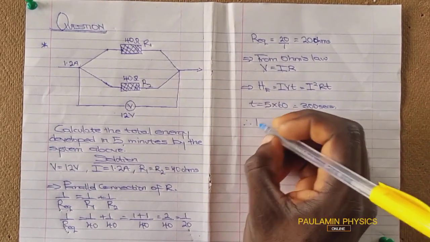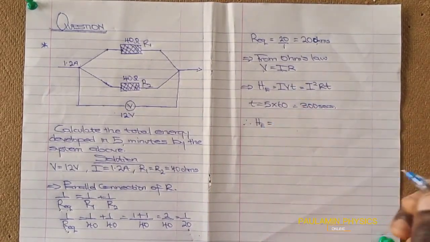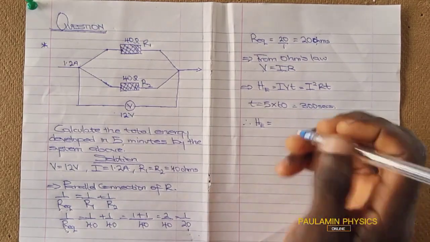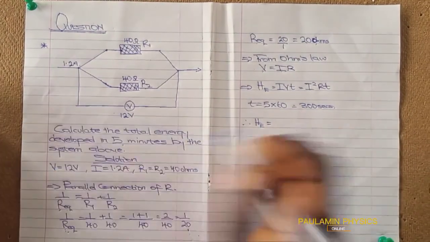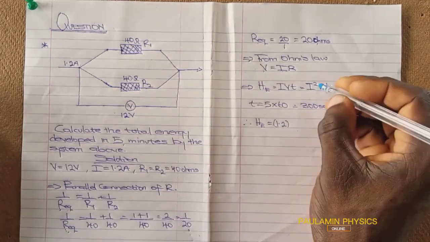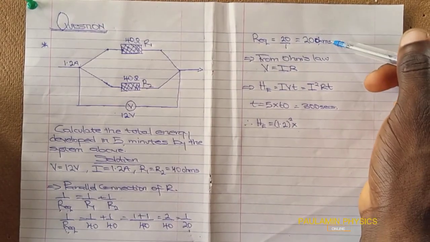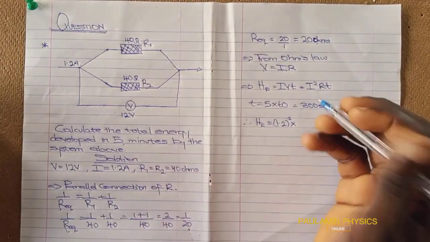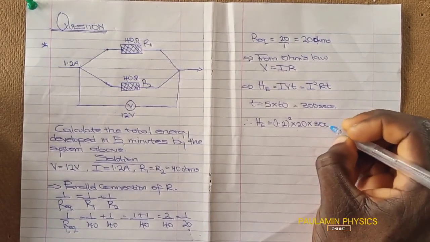So therefore, the electrical heat energy developed in 5 minutes, which is now 300 seconds, will be equal to the current, given to us as 1.2 amps, squared, because it is I squared, times the effective or equivalent resistance in this circuit, that will be 20, times the time, that is 300.